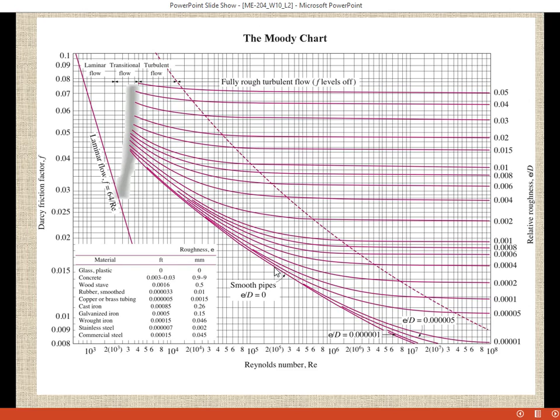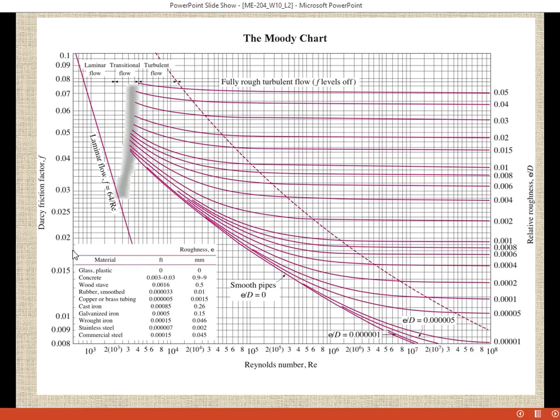Take the Reynolds number 1.2 here, and go straight. You can see the value will be somewhere around 0.15, 0.16, 0.17. It is coming to about 0.0171 or 0.0172, somewhere here.